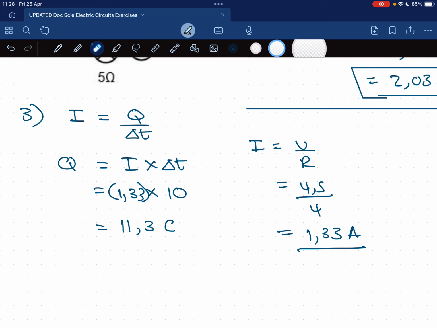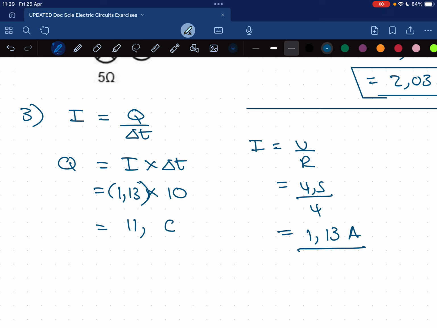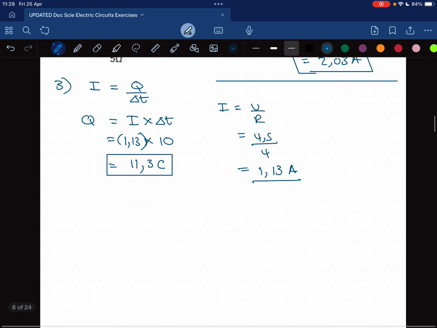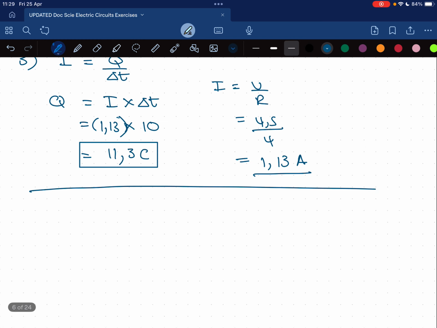I think, let me double check. I think I made a mistake here. It's 1.13. So 11.3 coulombs. Okay, if you wanted to use the ratios, you would get a more accurate answer.